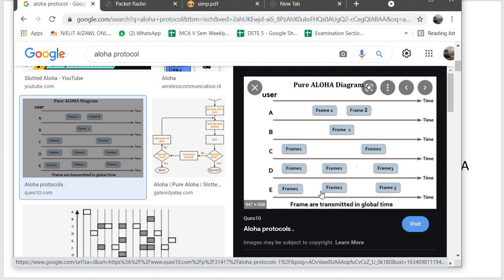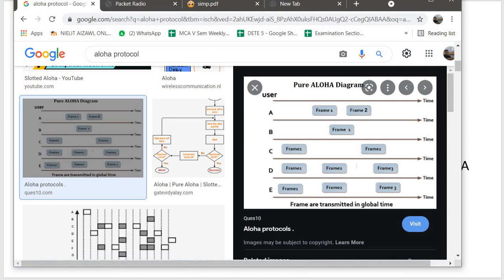The throughput is the maximum expected input. This is called the throughput.